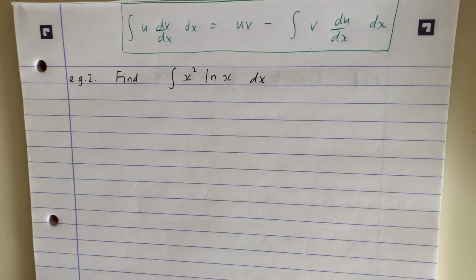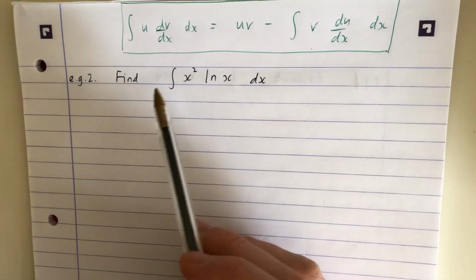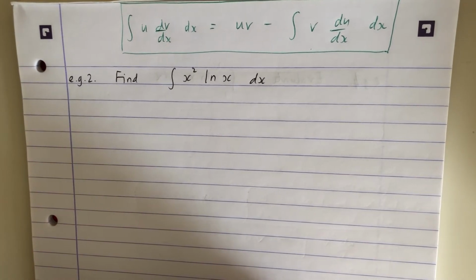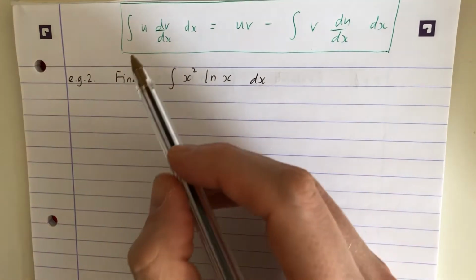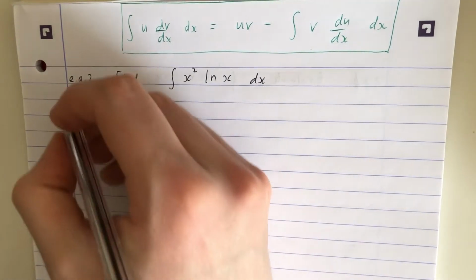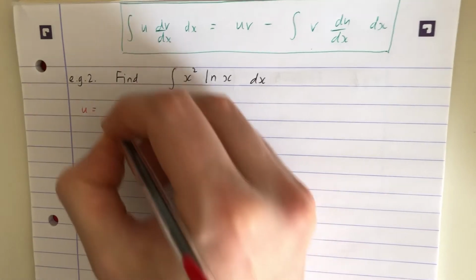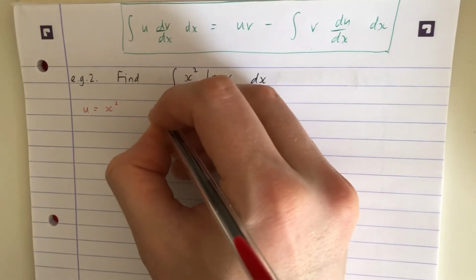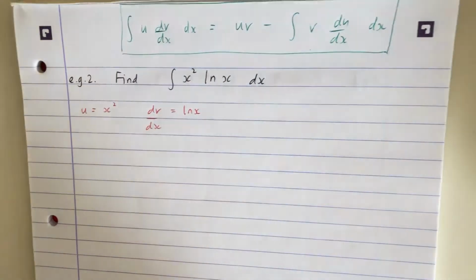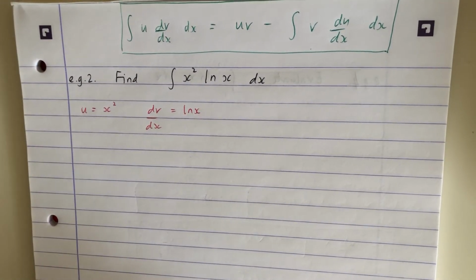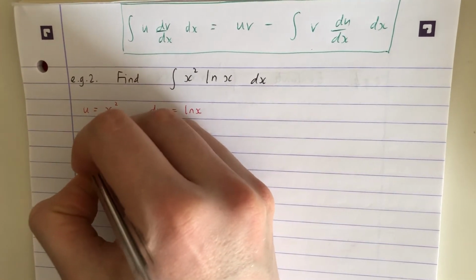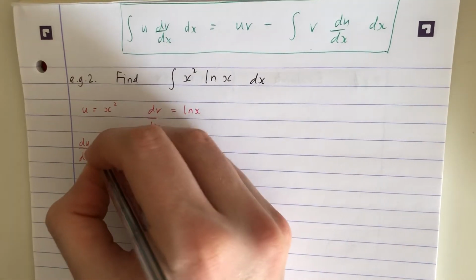Now, let's see. I'm going to do something wrong with this one. If I just follow the pattern of u is x squared, dv by dx is ln x, let's see what happens. I attempt to find du by dx and v.